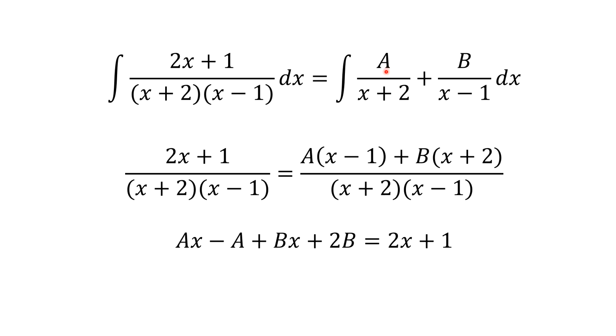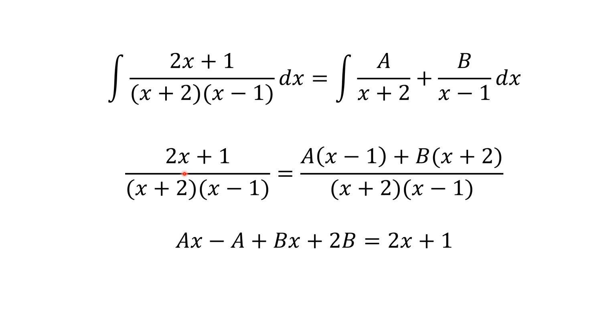I'm going to have some numerator A and some numerator B. I don't know what those are just yet. So I'm going to have A over x plus 2, one of the factors, plus B over x minus 1. So this fraction has to equal this fraction. The denominators are equal, so the numerators have to become equal.